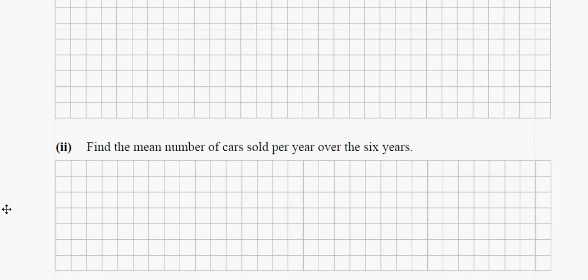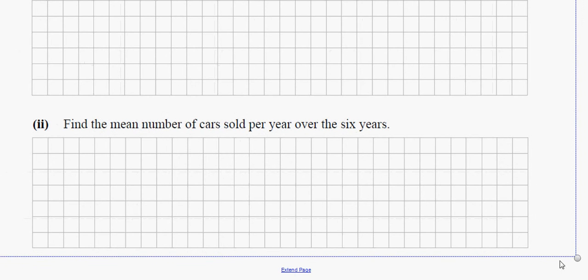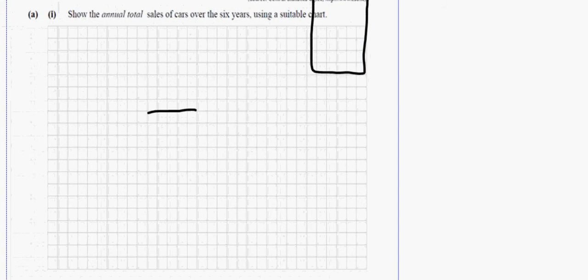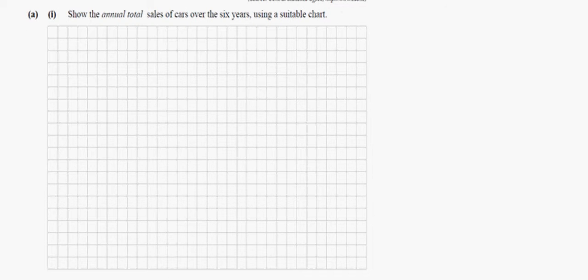So I might just go about making this picture a bit smaller, so we can use it a bit better. Using the suitable chart, we can use it like this. What we're going to do is draw a line here to the bottom and over.